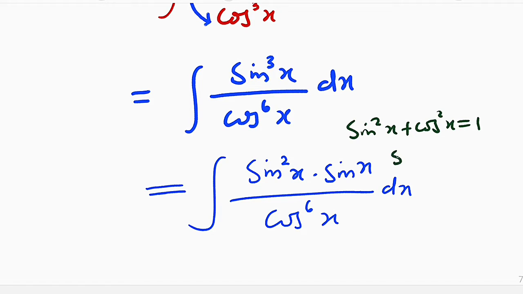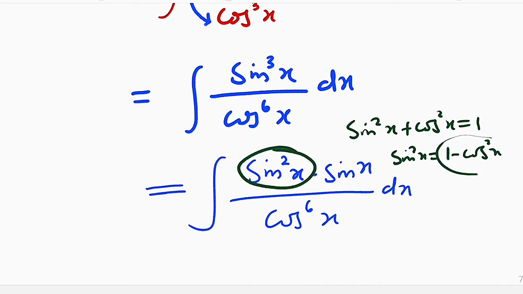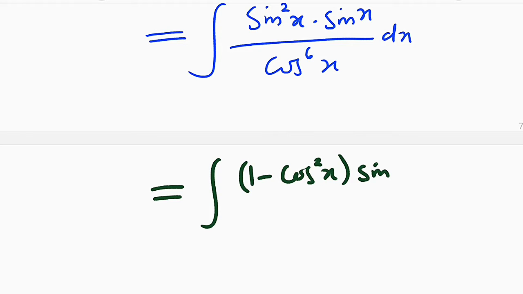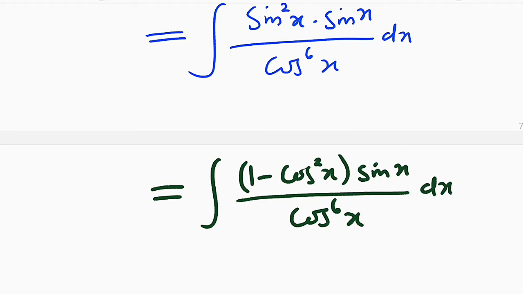If this is true, sine squared x is equal to 1 minus cosine squared x. Therefore, instead of this sine squared x, we can write it as 1 minus cosine squared x. So this is equal to the integral of 1 minus cosine squared x multiplied by sine x divided by cos 6 of x with respect to x.